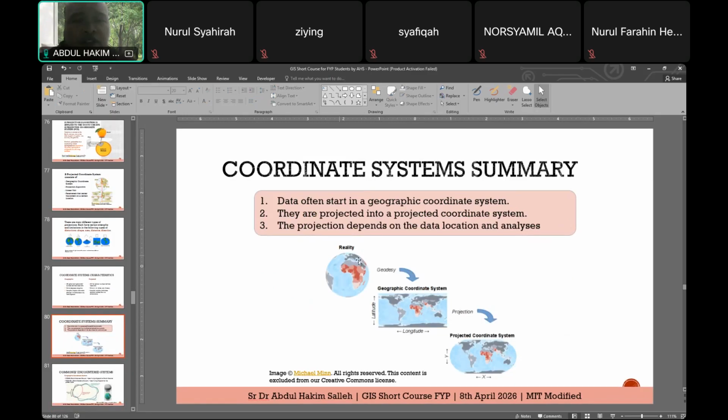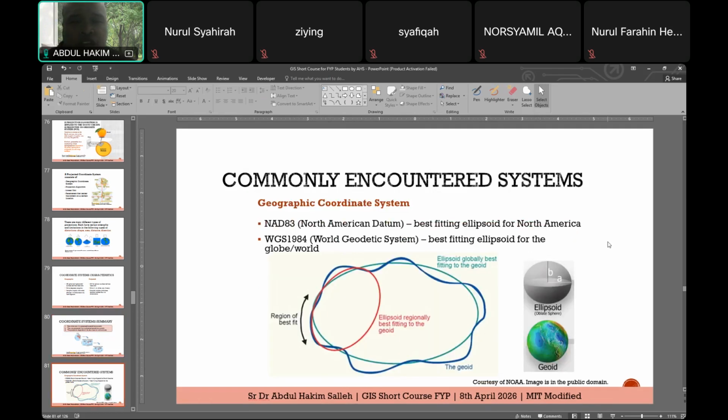Okay, therefore the reality always starts from the Earth, and it is converted into a geographic coordinate system like this, and then projected to a projected coordinate system like this. So this is the sequence of the coordinate systems. Now, there are commonly used systems.